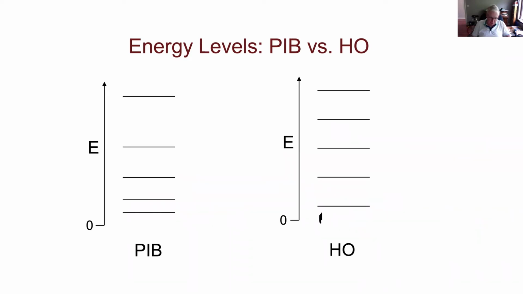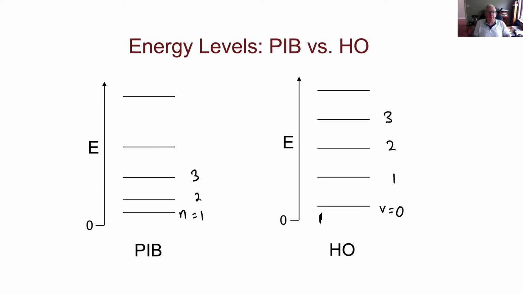There's a gap between my zero of energy and the lowest possible energy, right? We have a set of energy levels. If I labeled them with quantum numbers over here, this one says n equals 1, 2, 3, and so on. Over here, my quantum number, I'm going to call it v, just to distinguish between them. This one can start at 0, and then 1, 2, 3, and so on, going up, right?